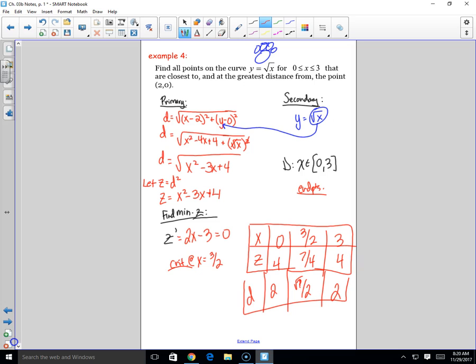Okay. What do we got? So your closest distance. Wait, what's closest distance, that's hard. Look here. 7/4 is like what? 1 3/4? Isn't that going to be my min? These are going to be tied for max.